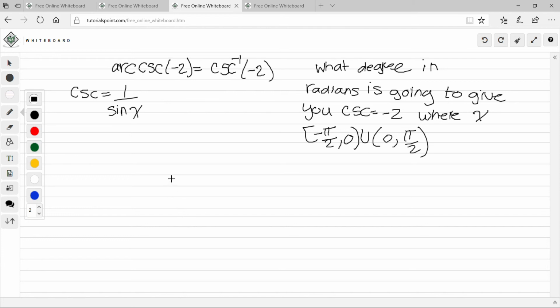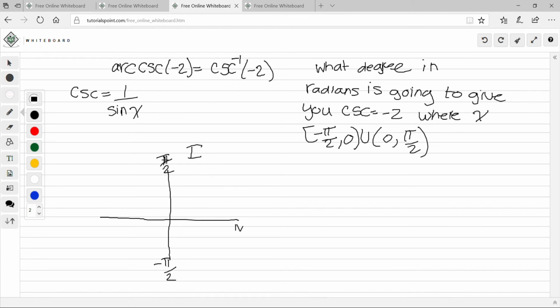First let's draw the graph. So we can only go from -pi/2, and then here's 0, so here's +pi/2. So we can only use quadrant 1 and quadrant 4.